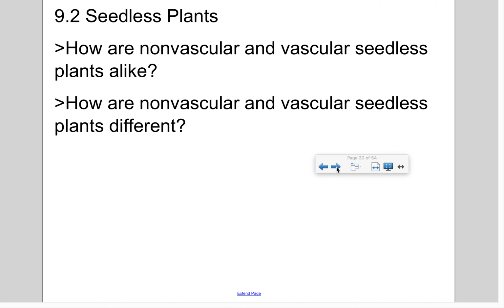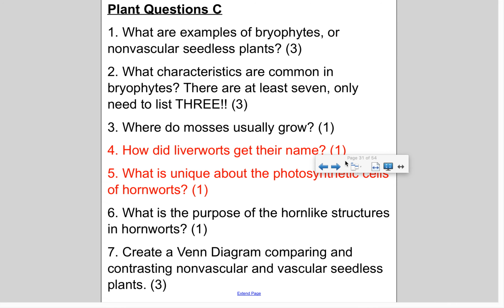So your assignment is the plant C questions, and I know it looks like a lot, but really I just went through the three examples of bryophytes. The characteristics, your book lists 7, you really only need to list 3. Where do you find mosses? Why are they called liverworts?